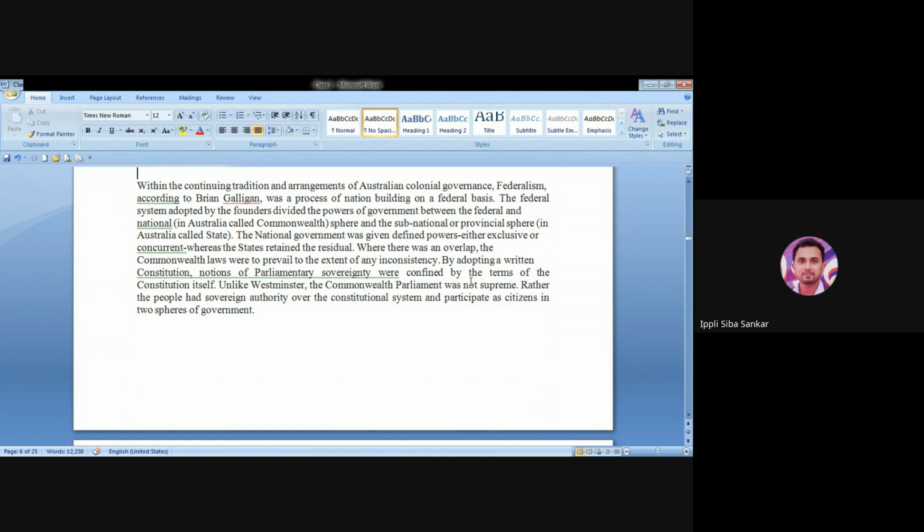The national government was given defined powers, either exclusive or concurrent, whereas the states retained the residual powers. In the federal system, residual powers are in the hands of state government, but in India, residual powers are vested in the central government or the national government.